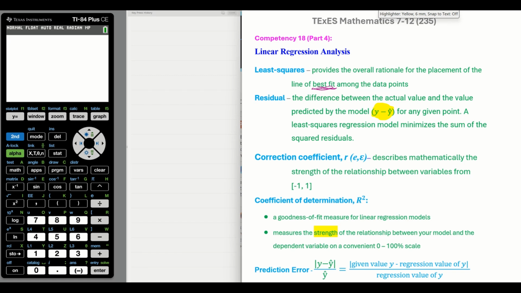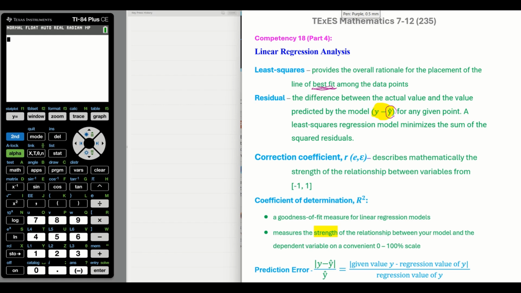So this first y is the y that's given, the actual piece of data. That's the actual y value when you're doing the experiment. Then this y hat here is the y that one would get from the equation.